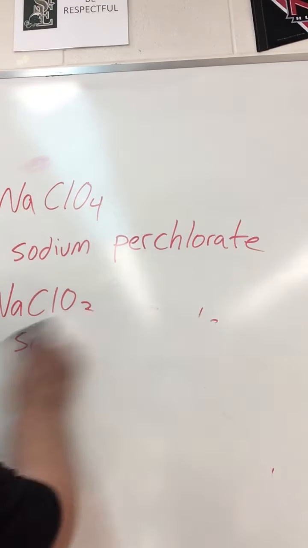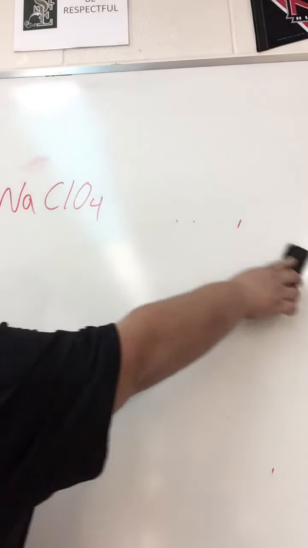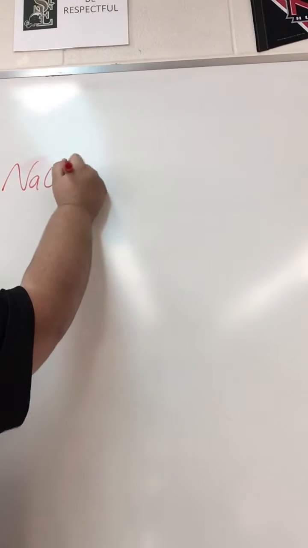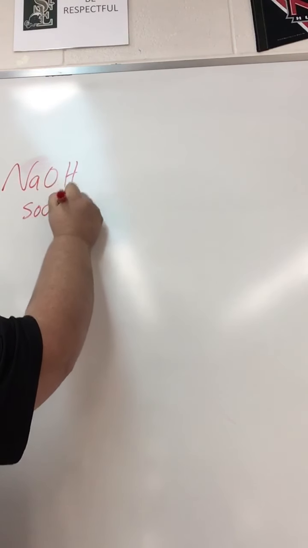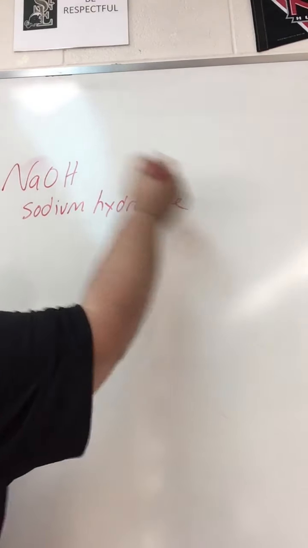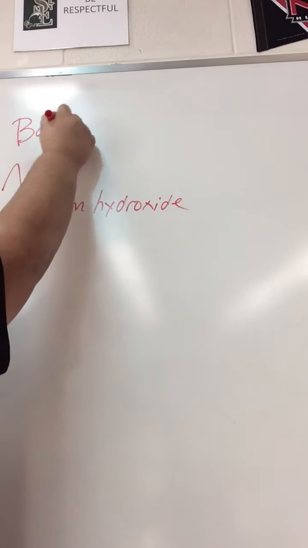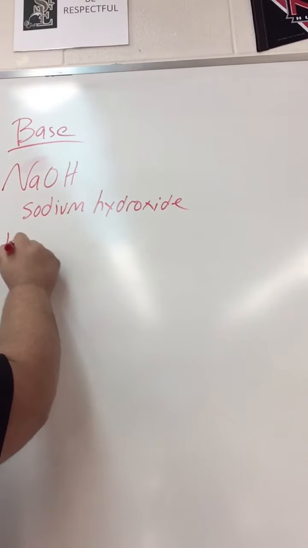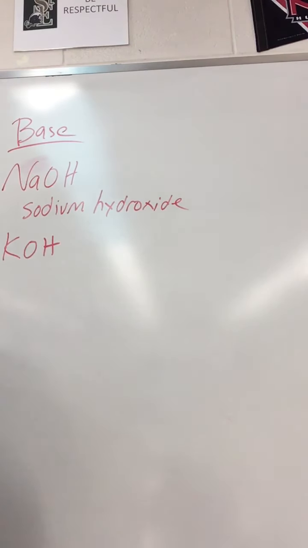Now, when you consider acids and bases, how you name those, well, the bases are going to be named either sodium hydroxide, or potassium hydroxide, or you're going to have some bases that are going to have their own particular names.